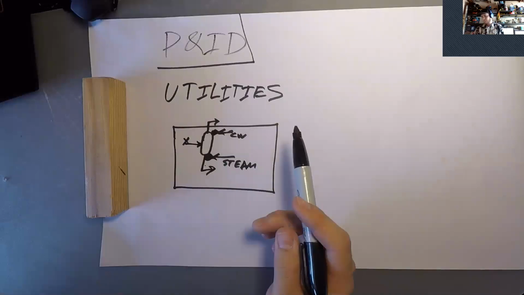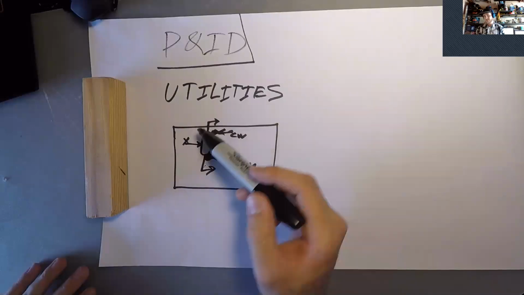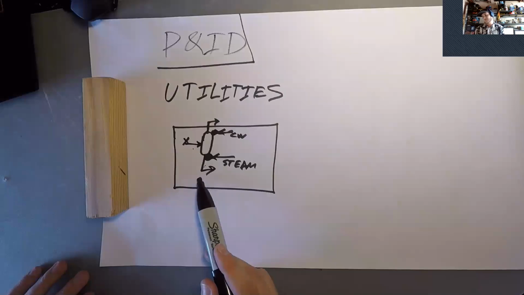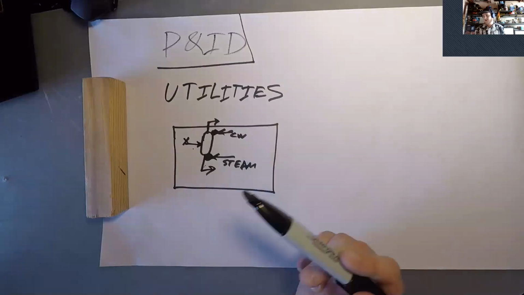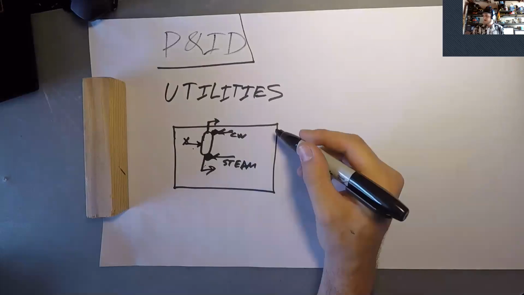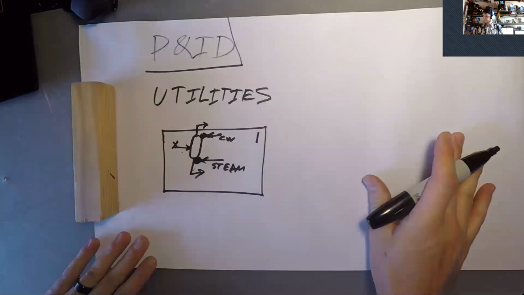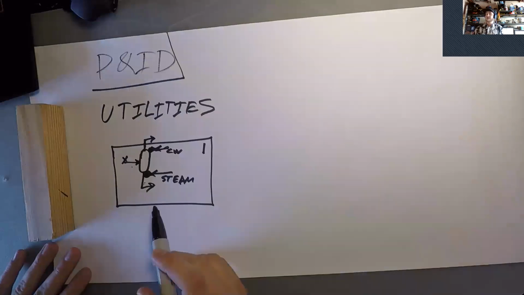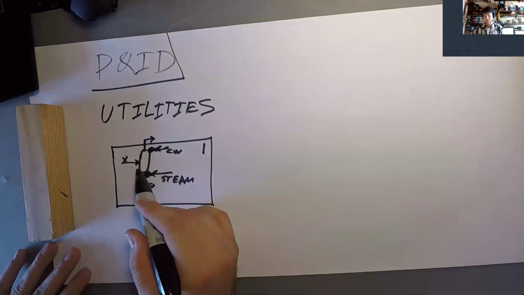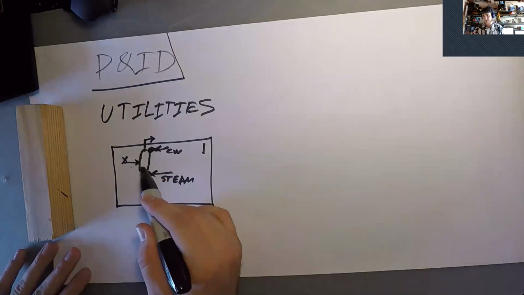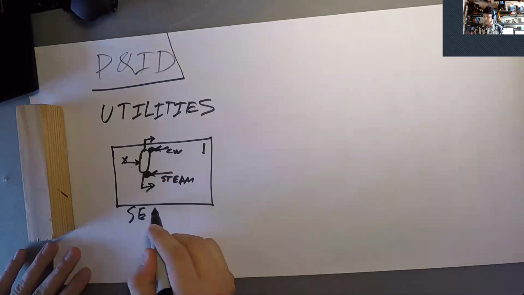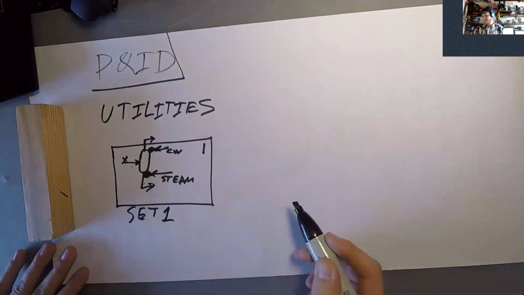And this feed stream is coming from somewhere, and this top and bottom is going somewhere, and then these utilities are coming from somewhere, right? And so if this is one, then this set that we're talking about here deals with this distillation column, right? So that would be part of set one, and that's your project set.